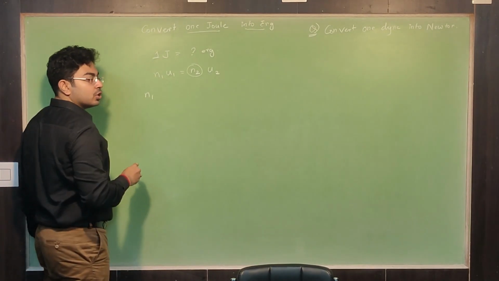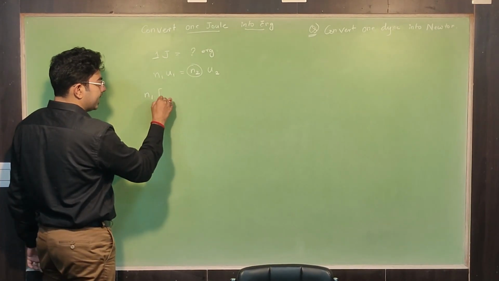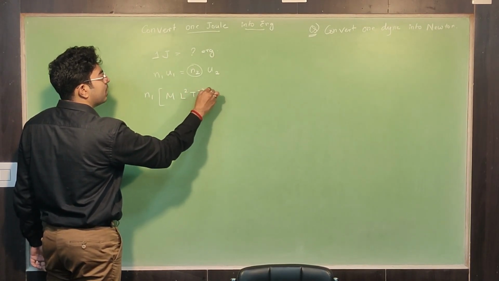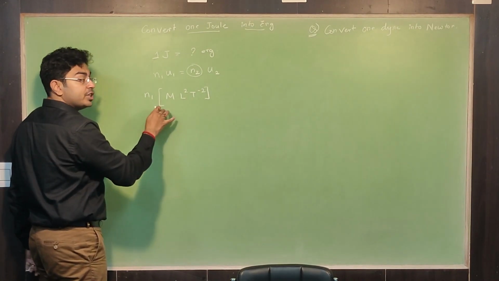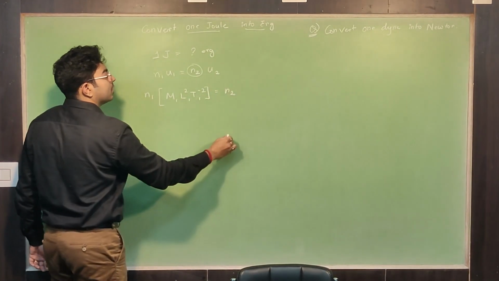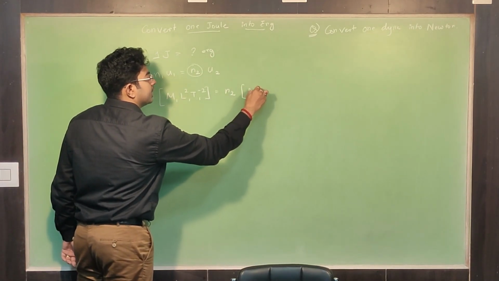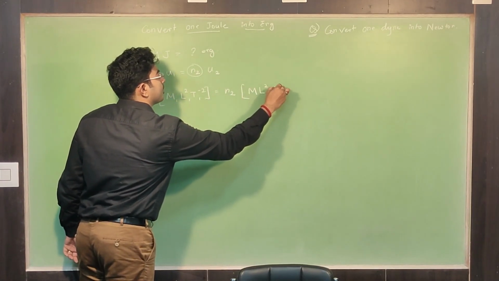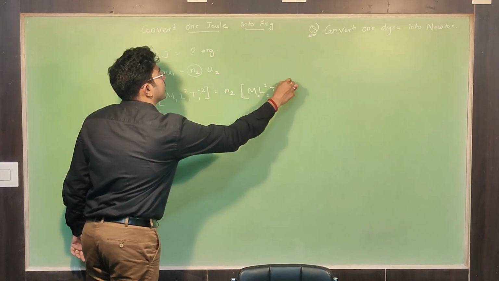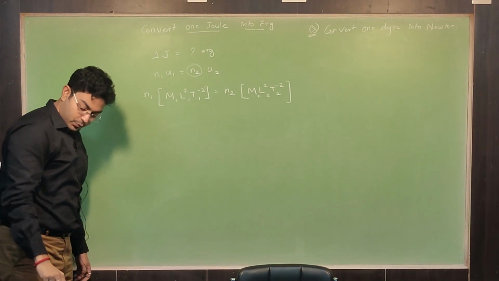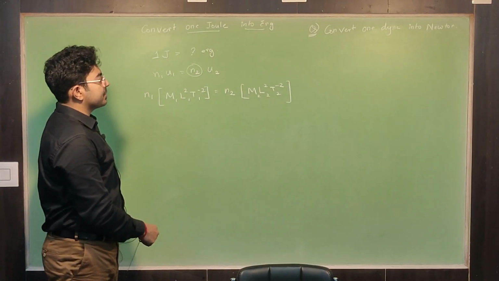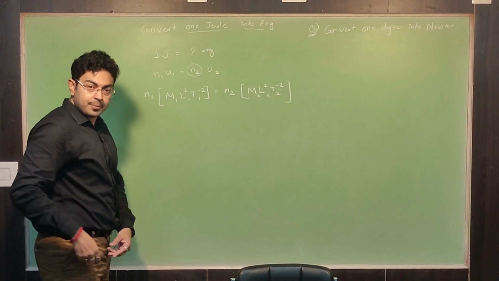What is the dimension of joule or energy? That is M L square T to the power minus 2. But it is in which unit? Unit 1. N2, the dimension remains same, but this is in which unit? Unit 2. That's why I am using the subscript over here. Is it clear to all?